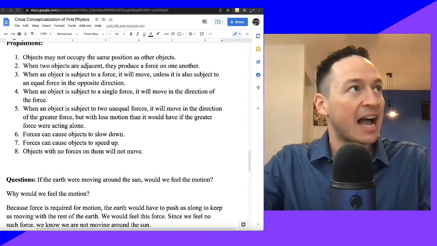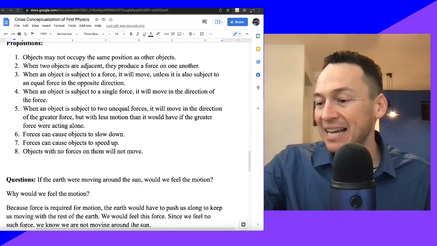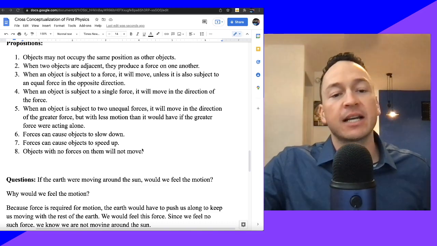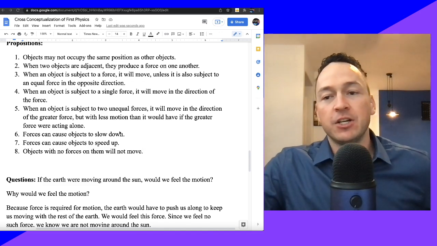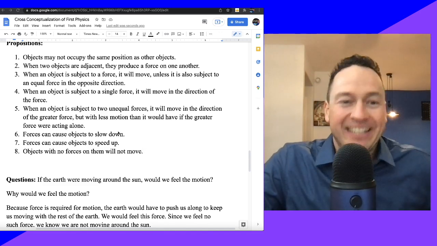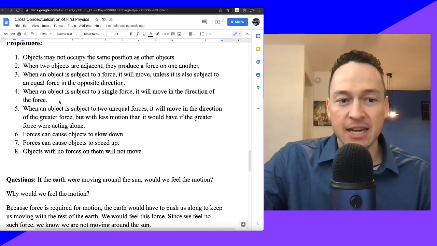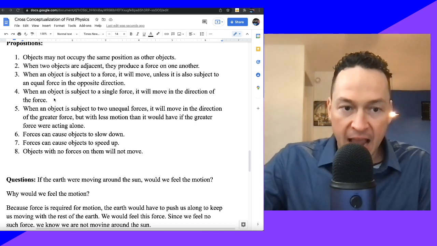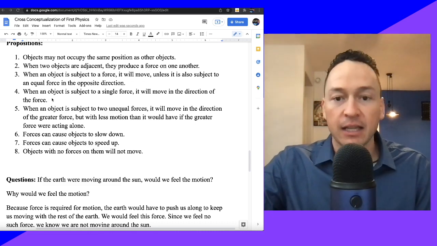Don't do this while actually cross-conceptualizing, because that's a good way to get biased, to try and reason your way to a conclusion you were trying to preordain beforehand. But I'm going to do that just to show you what it looks like to get to a nice new conclusion that cross-conceptualization might reach for us. And I think you can see that cross-conceptualization really could allow Galileo to get here.